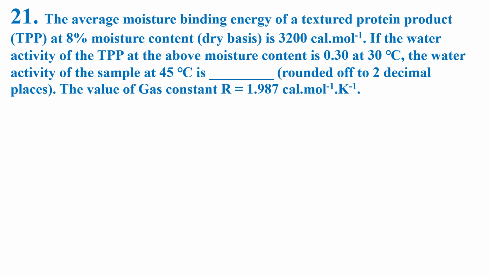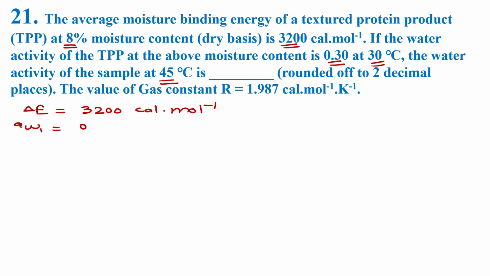Of a textured protein product at 8% moisture content is 3200, and if water activity above moisture content is 0.3 at 30 degrees Celsius, we have to calculate it at 45 degrees Celsius. So the moisture binding energy, that is delta E, is given to us as 3200 calorie per mole, and AW1 at 30 degrees Celsius is 0.30.